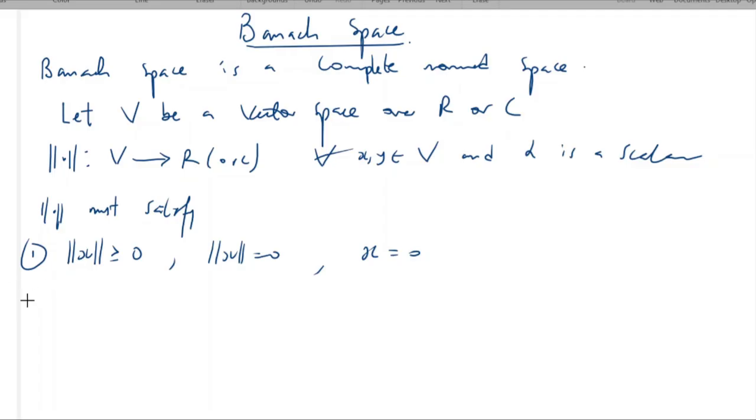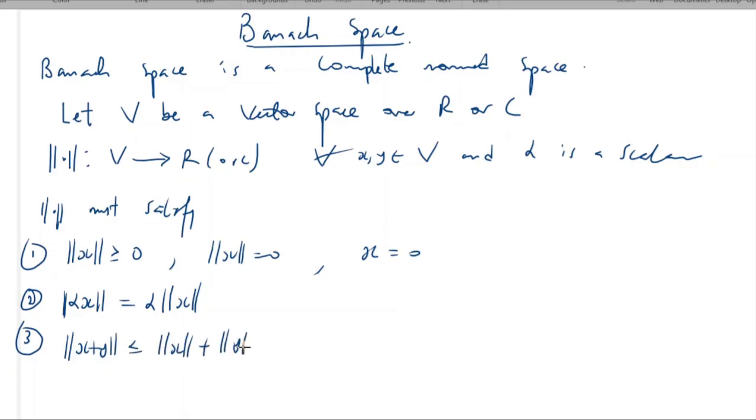Now, the second property, the scalar multiplication. When you have something like this, it is equal to this. That's the second property. Then the third property is the triangular inequality. This is a norm.